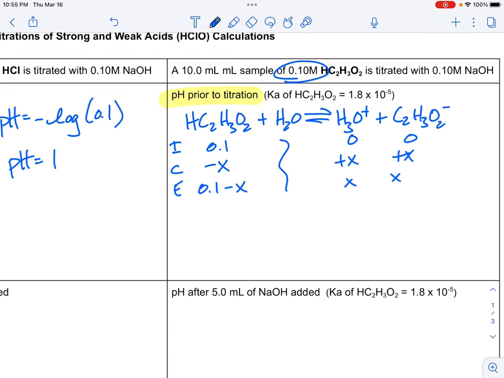So when we set up our Ka expression, we have 1.8 times 10 to the minus 5, which is our given Ka. Product side, we have x times x, so that's x squared. And then in the denominator, we're going to have 0.1. And again, we're choosing to ignore the minus x here. And mathematically, it works out to be the same.